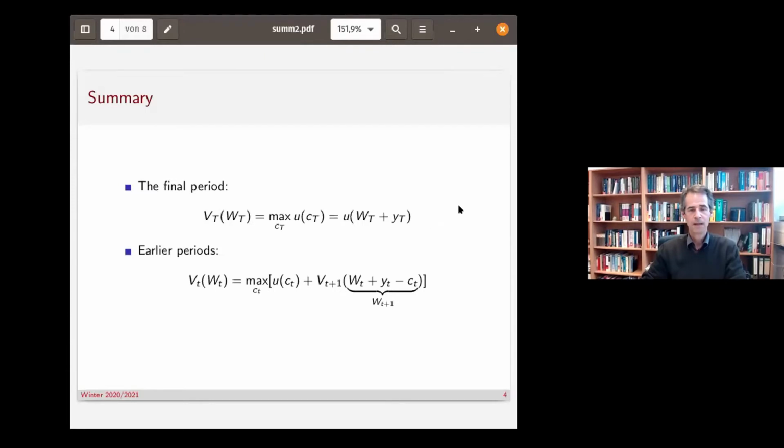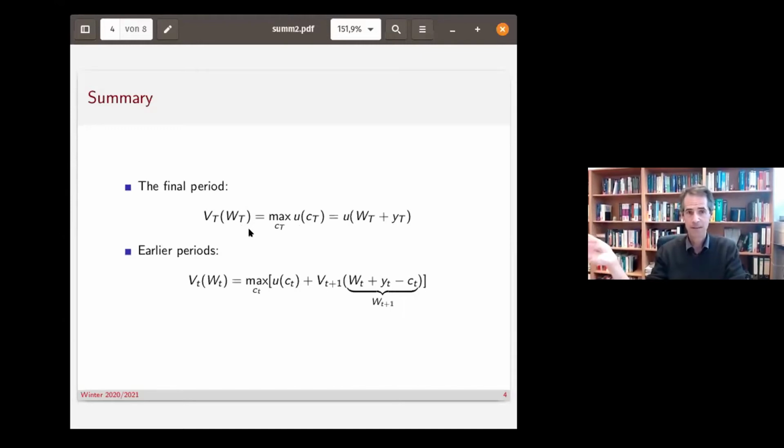Okay. We need to know the value functions to solve this problem. And we've already seen that the best way, if you have a finite time horizon, is to go backward. And that means we start in the last period. In the last period, it's trivial to derive the value function, because the value function is always the maximum you can get out of the sum of current utility plus the value of the rest.